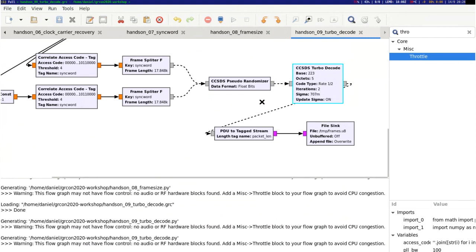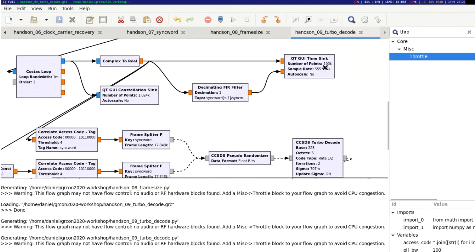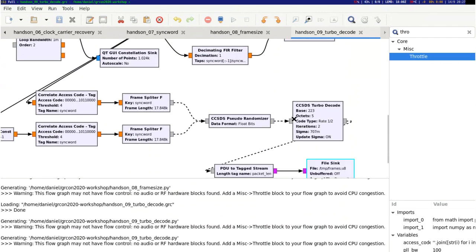And only when you see that your CPU load goes down and your frames file stops growing, you can stop the flow graph. If you stop it when your GUI sink has stopped, then you still have a job to do at the turbo decoder.